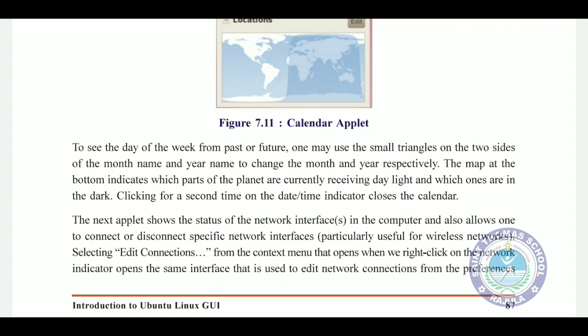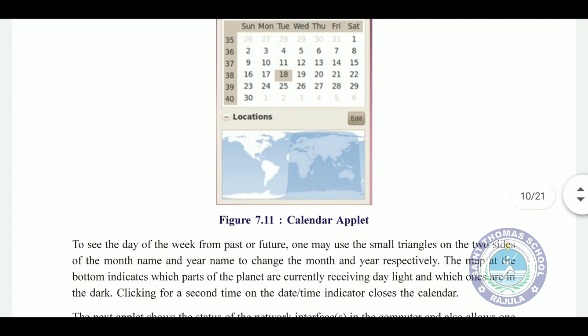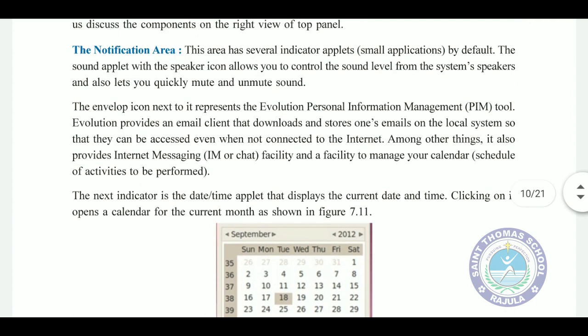Means if you are using the internet with your computer, then this network interface applet shows you the current status of your computer, whether it is using the net, whether it is in connectivity mode or in connected mode. So it will show you the status: not connected, trying to connect, or disconnected. So this is about the right hand side of the top panel that we have discussed.